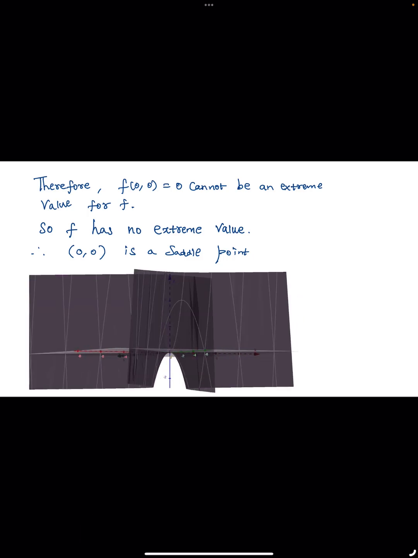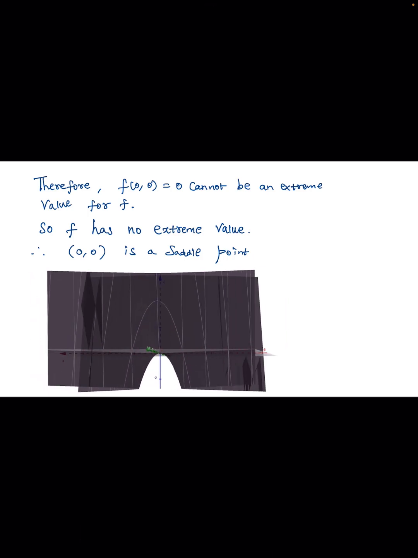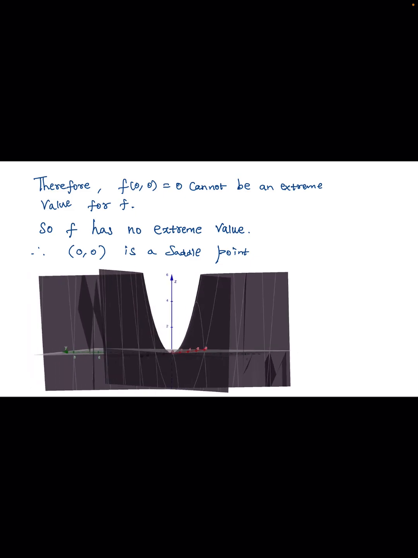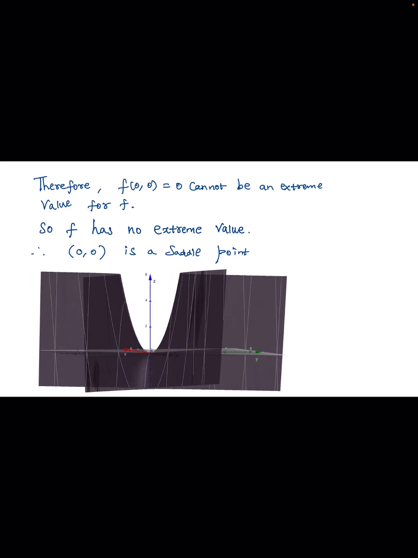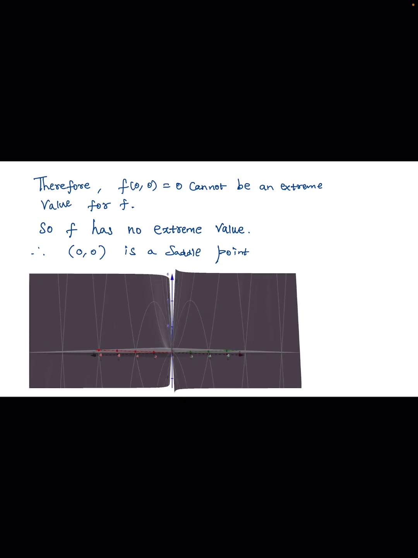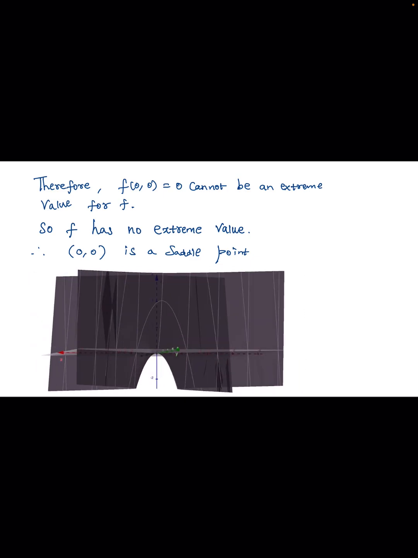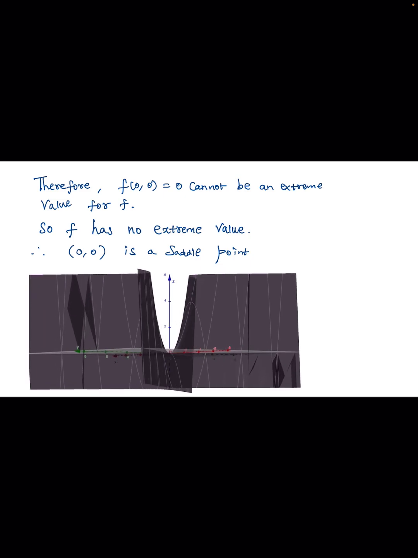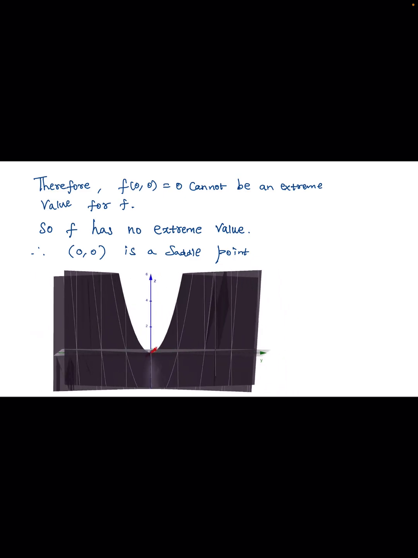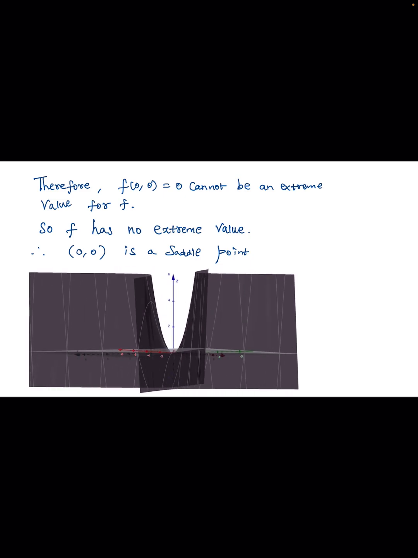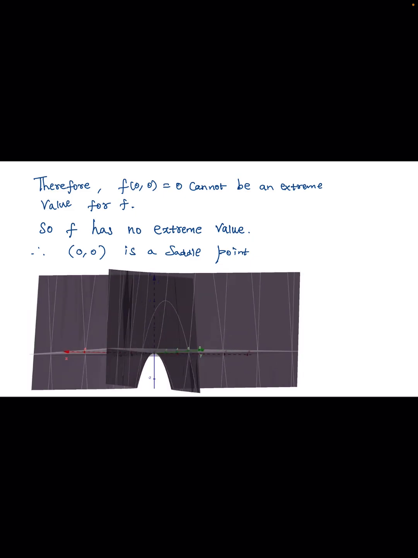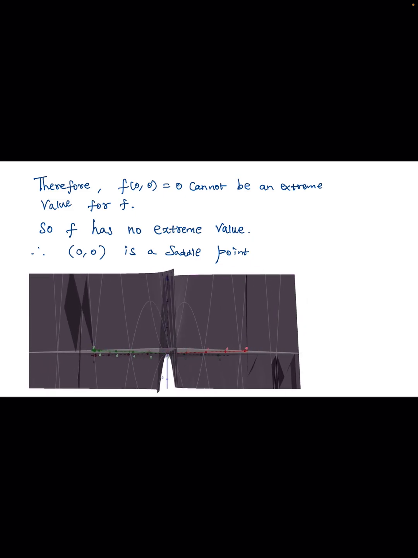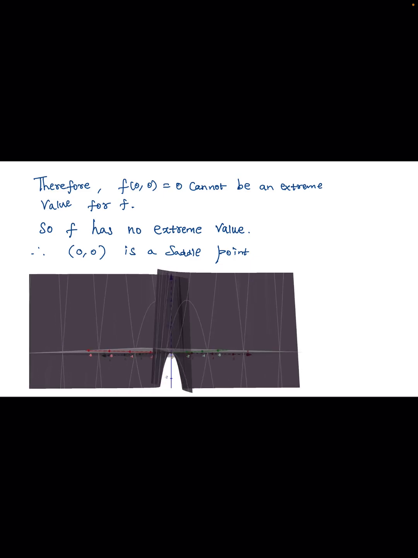You can visualize this: in one direction you can see the point to be a minimum, and in the opposite direction, from the bottom, the point is in a maximum position. So you have the origin, 0 0, which forms a saddle. That's why it is called a saddle point. Thank you.